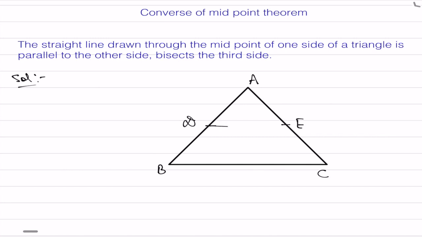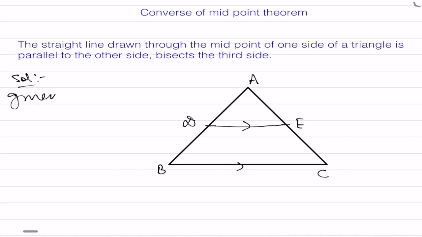So, D is the midpoint and DE is parallel to BC. This is also given. So, by the result of converse of midpoint theorem, E will also be a midpoint. So, if in the question it's given that D is the midpoint and DE is parallel to BC, that means E is also a midpoint of AC by converse of midpoint theorem.